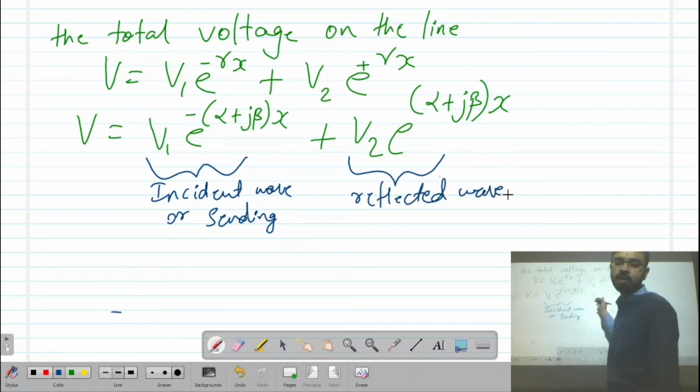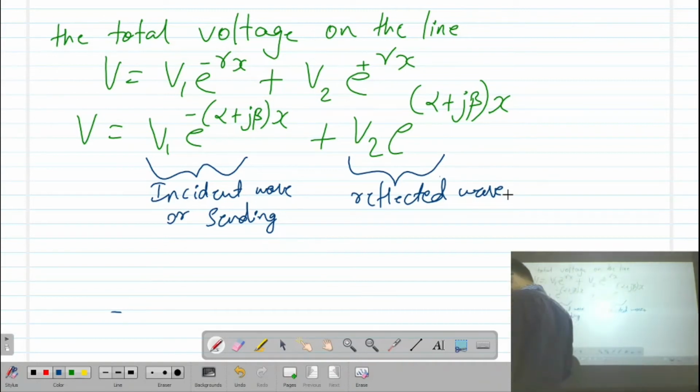Because we have the reflection, it will have a reflected wave. This can be written for current also.